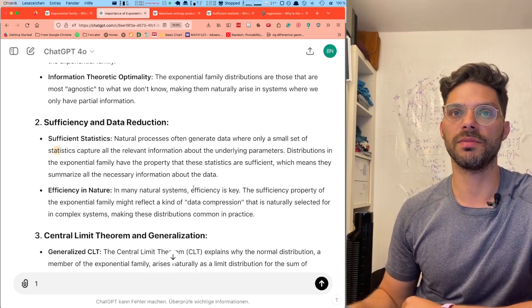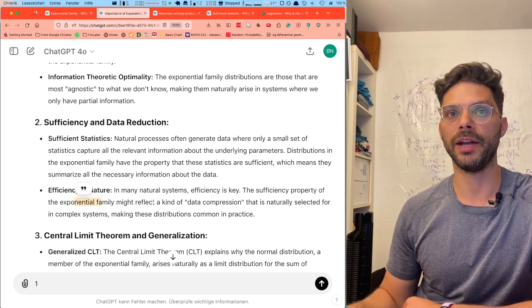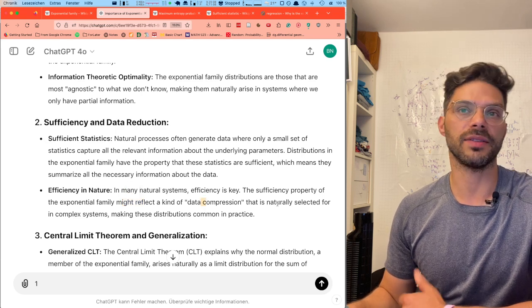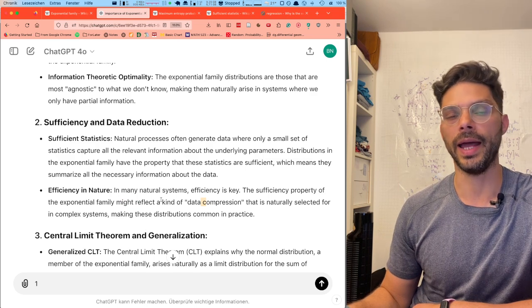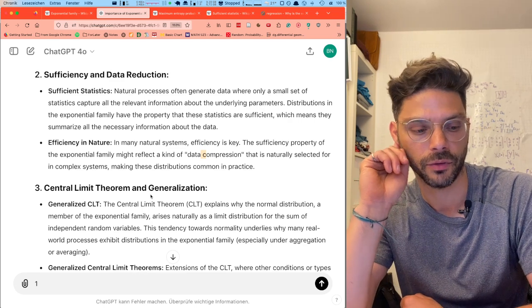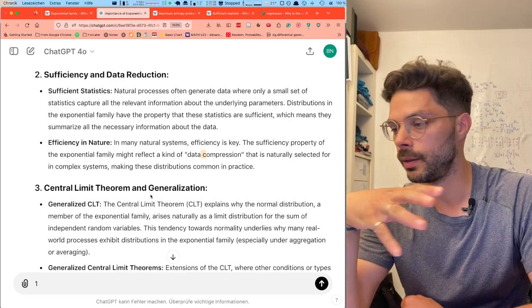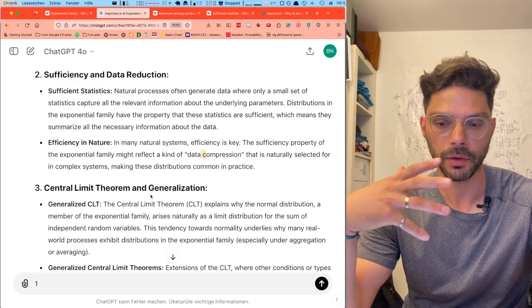In many natural systems, efficiency is key. The sufficiency property of the exponential family might reflect the kind of data compression that is naturally selected for in complex systems, making the distributions common in practice. Again, I'm not sure whether it's just speculating fruitfully here, but it's a really interesting idea. I don't know, maybe you are some agent in some natural environment trying to interact with other agents.